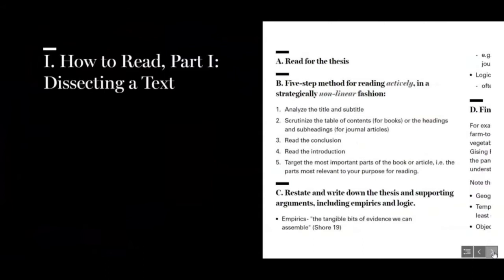So scrutinizing the table of contents and the headings and subheadings would already give you a map or an overview of where this work is going and what it is going to be about.